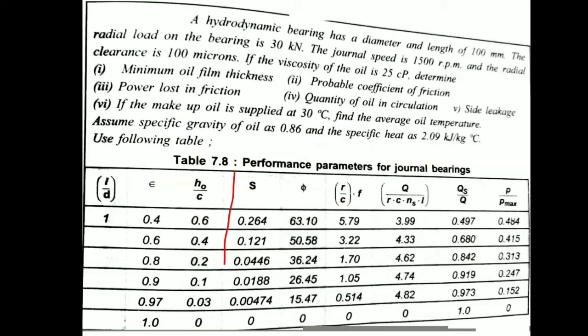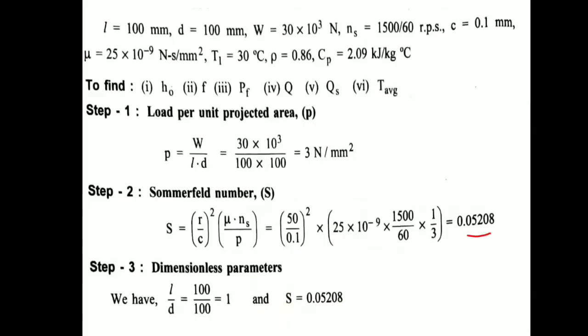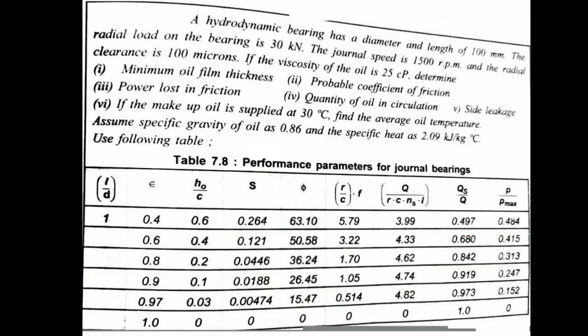Clear? What I told you, for this you need to find the value of S. Now this will be the row of S. So I need to find it, and I select the row very easily, as in the previous one. Now the value is 0.05208. Now check it. Clear? Now see here, the value is not here, but I can say it is situated in between these two.